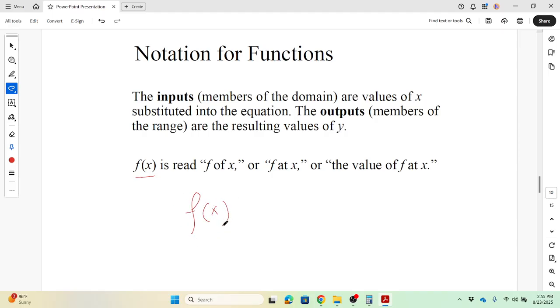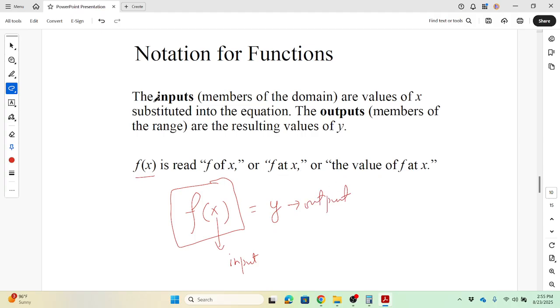So this is just a notation, it's just a name. What is this? It's a function of x. What is x? x is a variable. The input, this x, this is the input. And the value of the function, which we denote by y as well, that's the output.